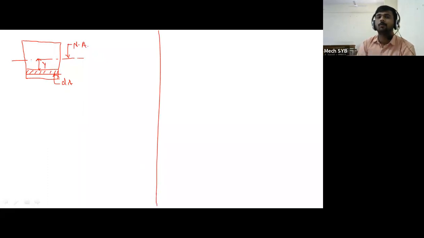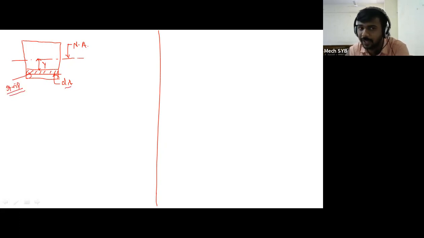So for the further derivation, we have considered one small portion of the beam, and in that beam we have considered one strip at a distance y from the neutral axis, and this strip has the cross-sectional area dA. Now I will calculate the amount of stress induced in this particular strip.